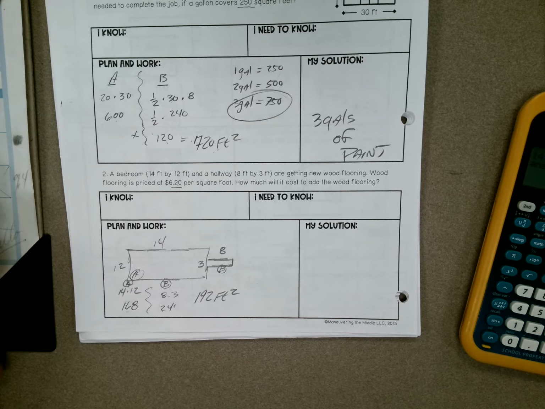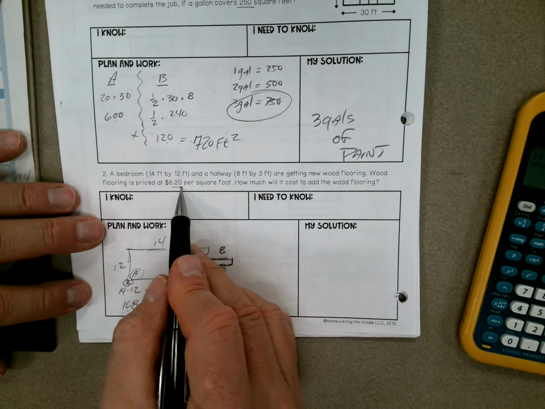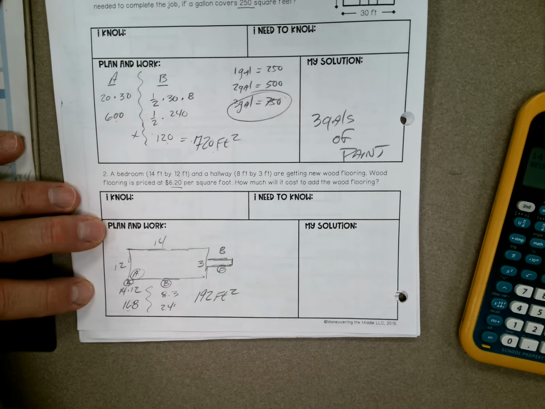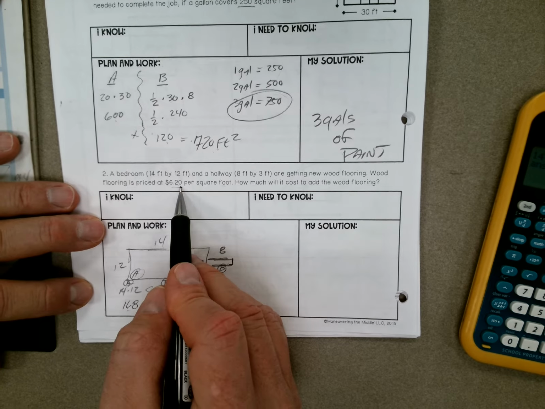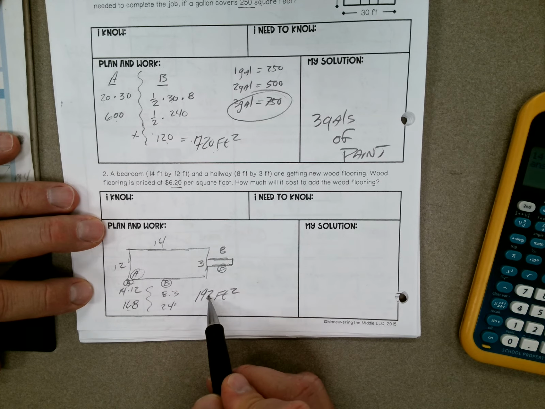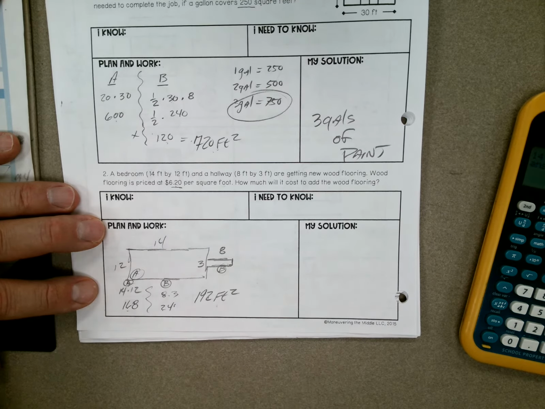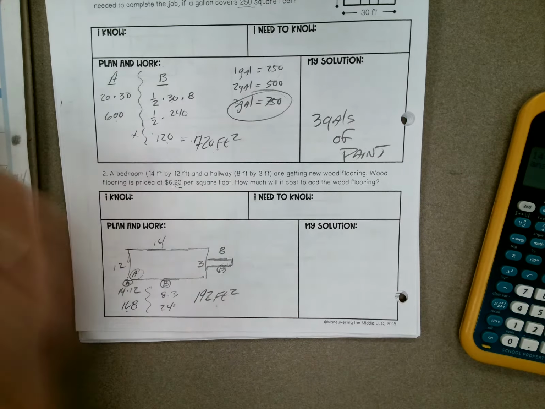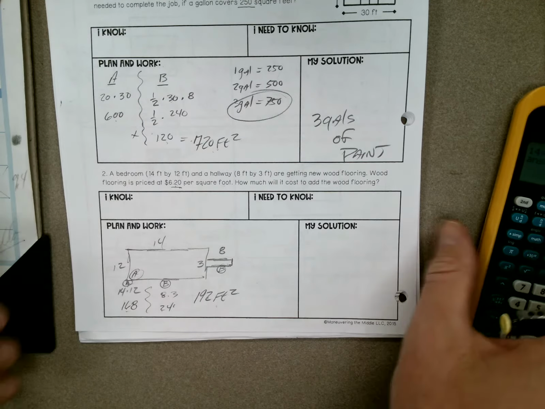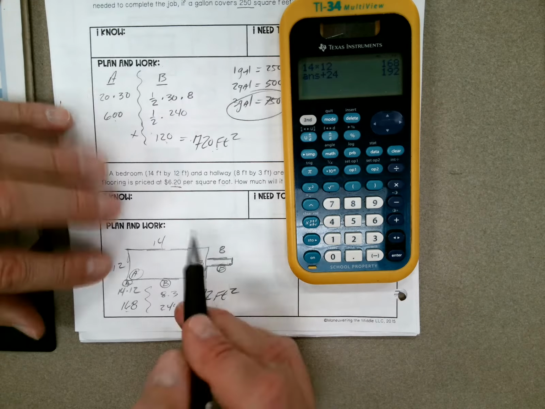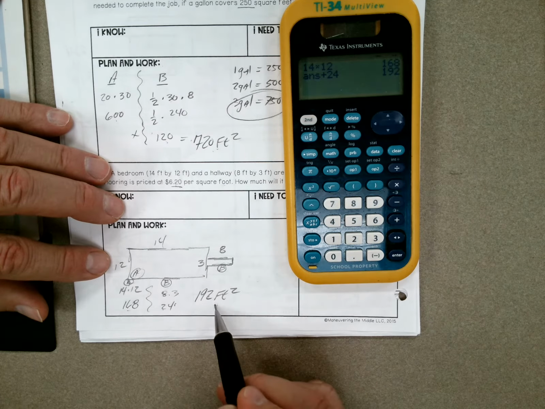But that's not what they're asking us. They're asking us if I want to put hardwood at $6.20, how much will that cost? So what do we have to do here? Well, we could see how many of these goes into that, right?